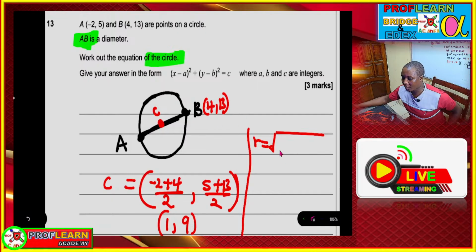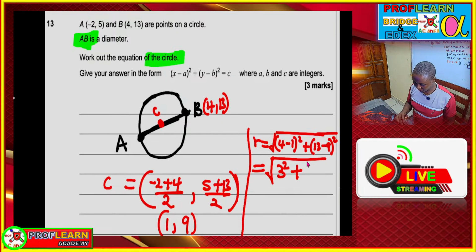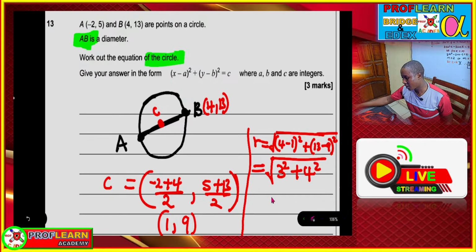So if we work out the square root of (4 minus 1) squared plus (13 minus 9) squared, that is going to be the square root of 3 squared plus 4 squared, which translates to the square root of 25, and that's going to be 5.